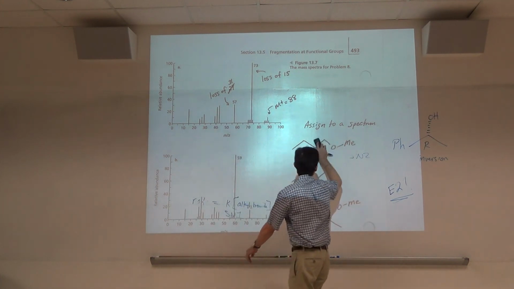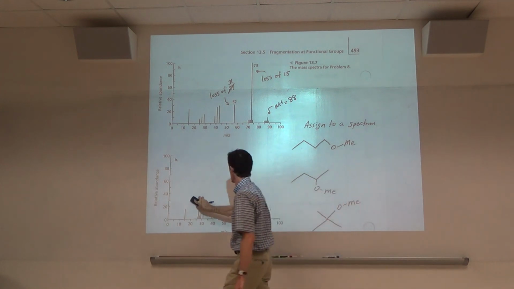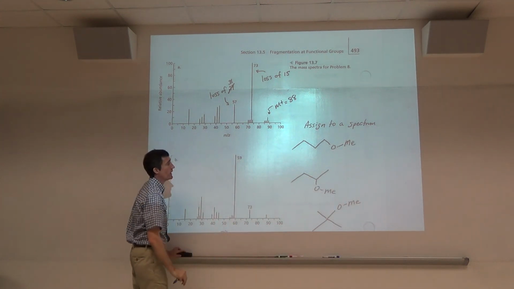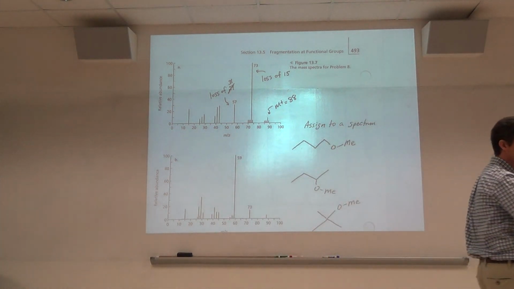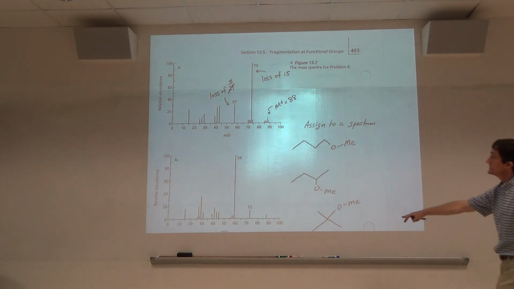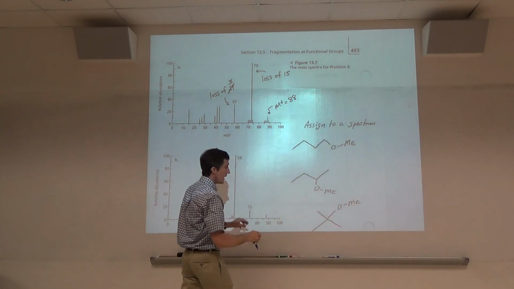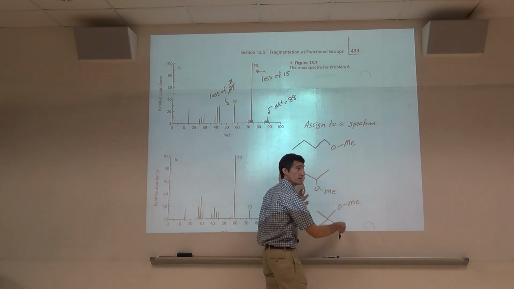Anybody have these assigned? The last one you said was the first spectrum. Okay, this is what you need to do for each one. Hopefully you've done this. What did you predict for cleavage here, Brianna?